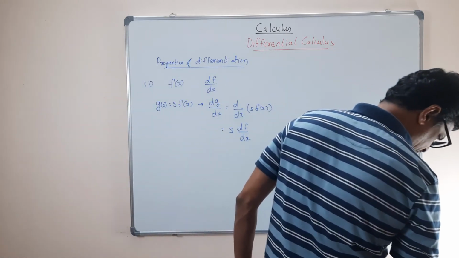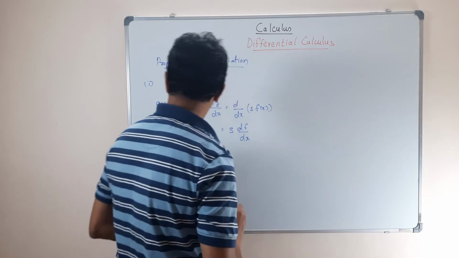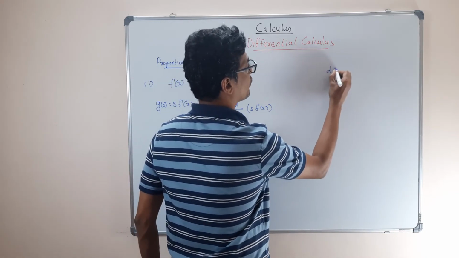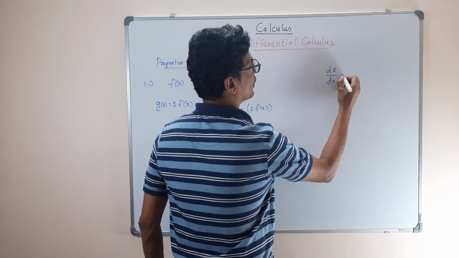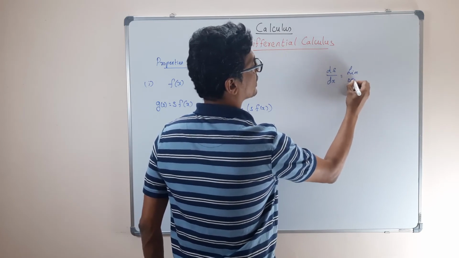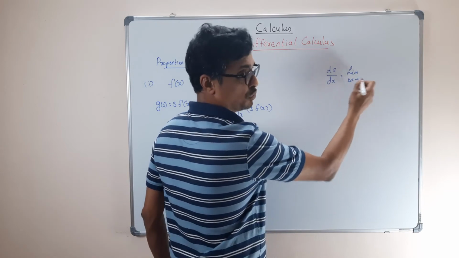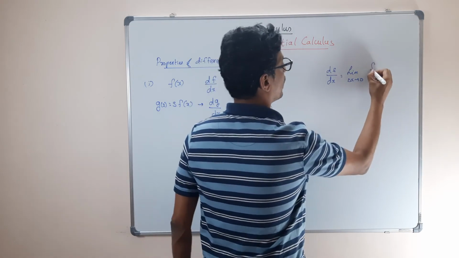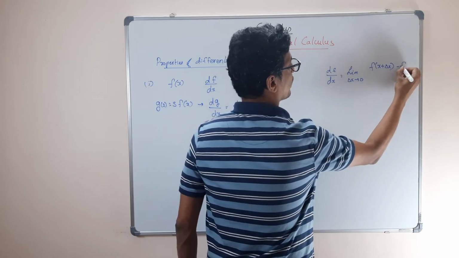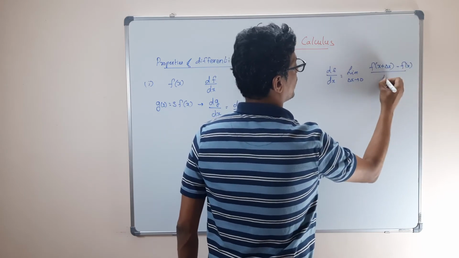You can prove it also. The proof of this is very simple. Do you remember what we had? Let us write it out. df by dx, what's the formula? Limit delta x tends to 0, f of x plus delta x minus f of x divided by delta x.